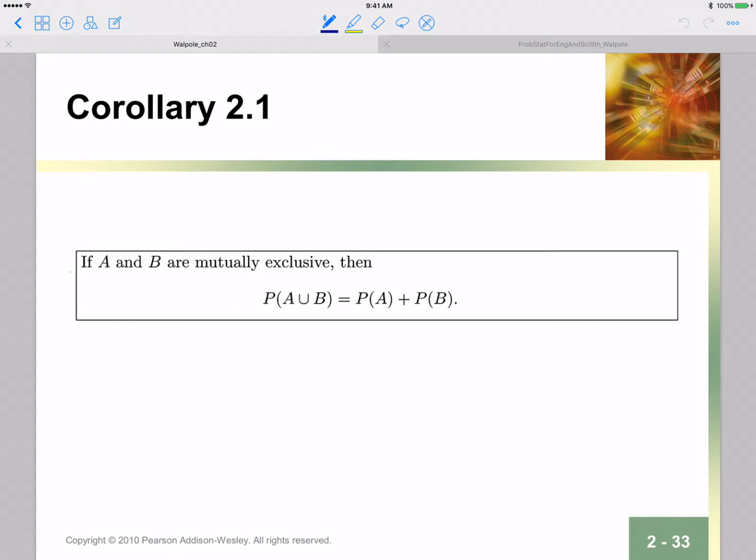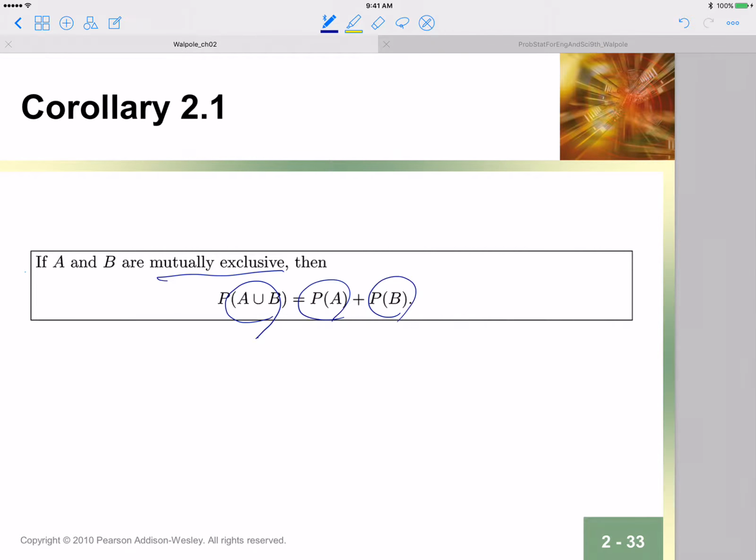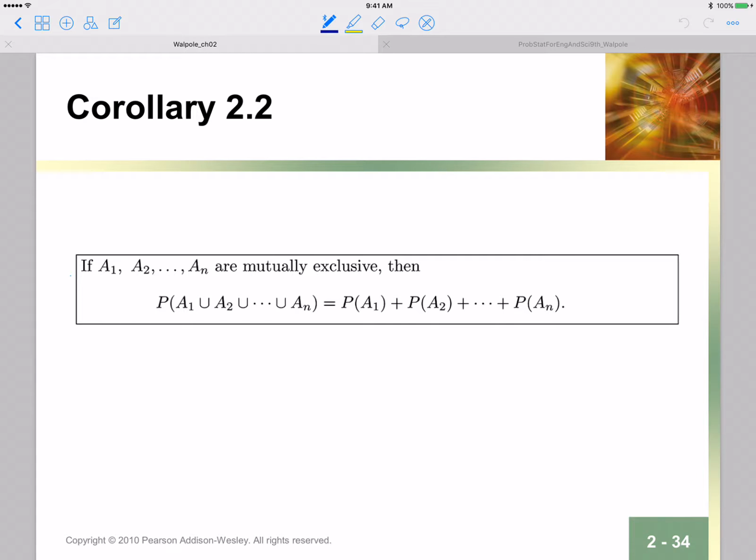And in the case of a union, if those two events are mutually exclusive, then it's simply the addition of these two probabilities. If we have more than 2, it's also simply extended in the same way.